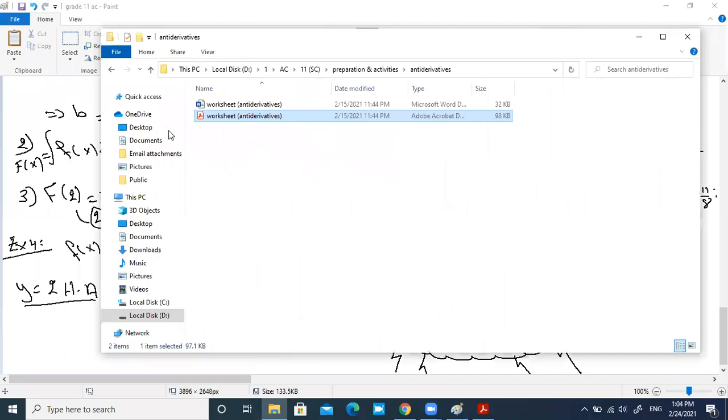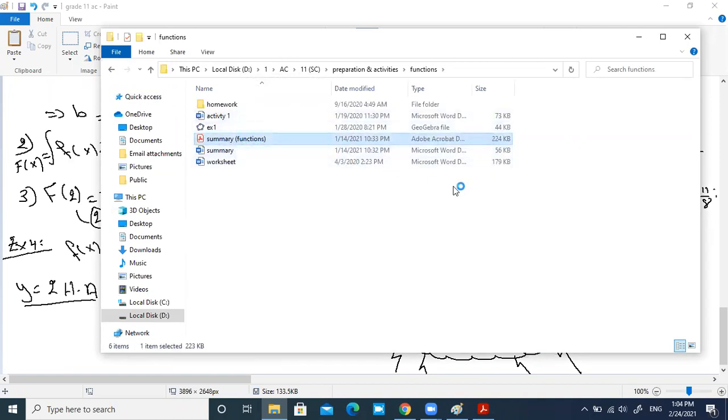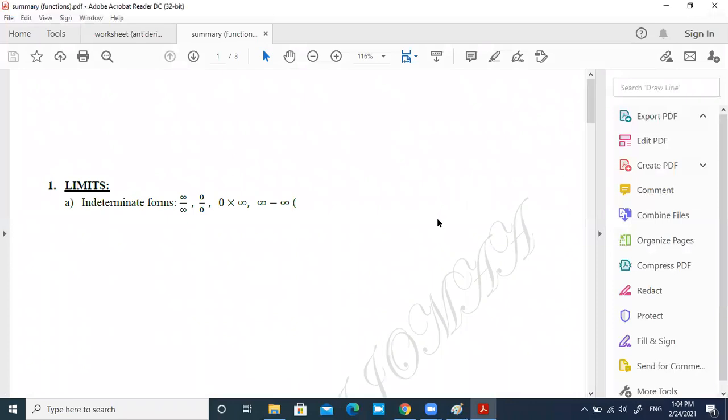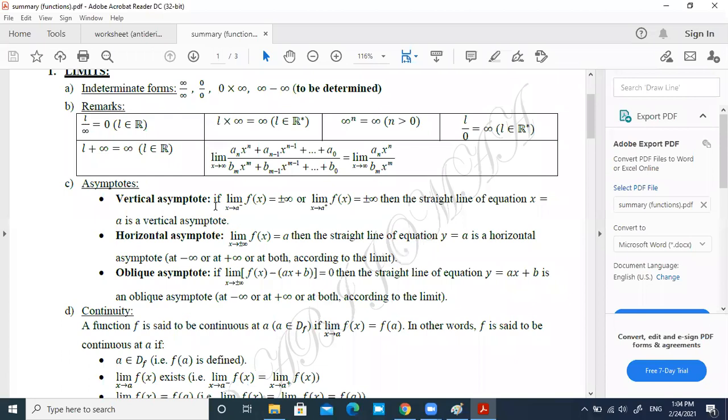Let's go back to the summary for the functions. You have this asymptote. Horizontal asymptote: if the limit as x approaches infinity is equal to a, then the straight line y equal a is a horizontal asymptote, and vice versa.